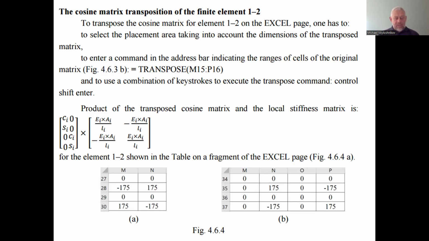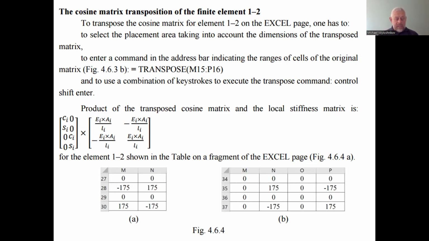That's why maybe 90% of our calculations, with the use of Mathcad or Excel, is the calculation of the matrices of the geometry of the connection of finite elements into the discrete model. And we have to do the transforms from local coordinate systems, associated with each finite element, to the global coordinate system, which is associated with the integral mechanical system consisting of finite elements by their connection within the frames of the discrete model.